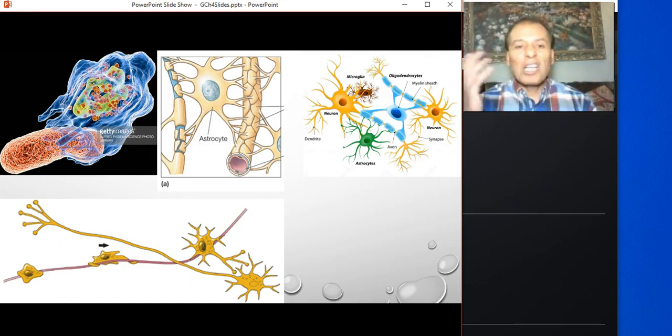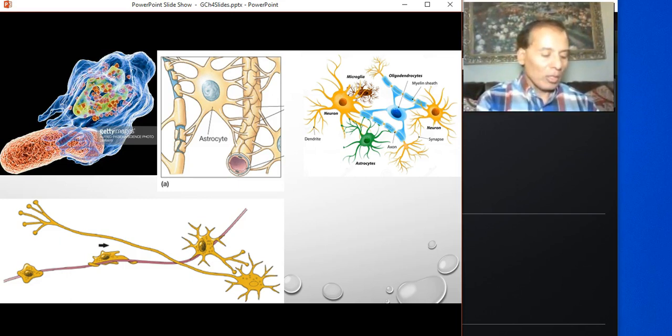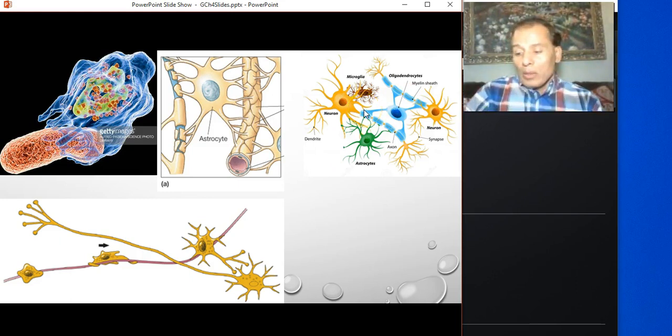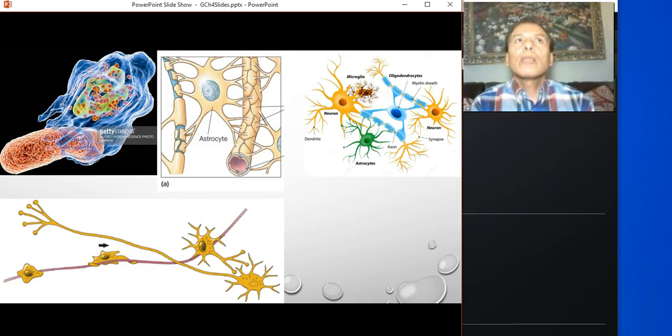In other words, if there's any abnormality in any one of these cells, the neuron will not be able to function. For every neuron, there are about 10 to 50 glial cells. That is the ratio. Glial cells are smaller. For the most part, they do not transmit signals, but they make it possible for the neuron to transmit signals.